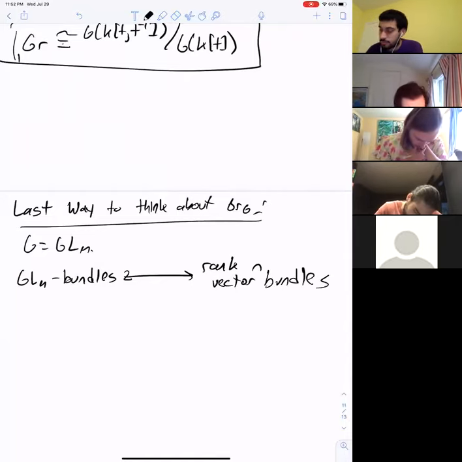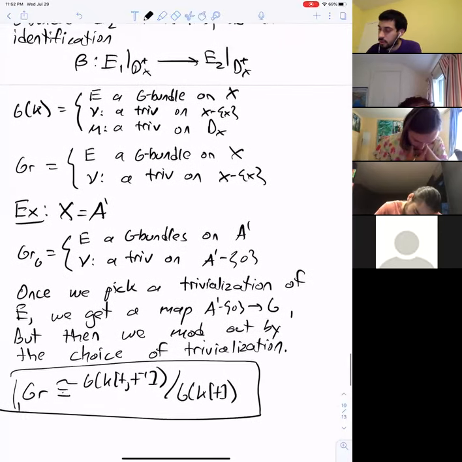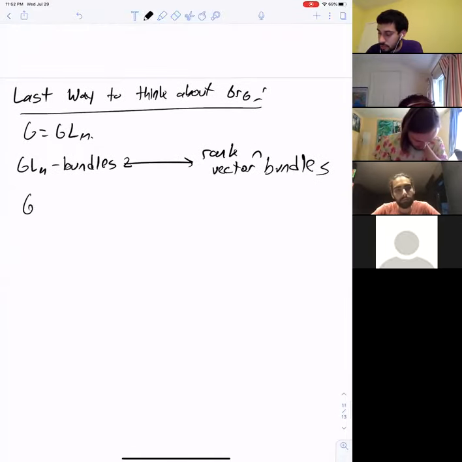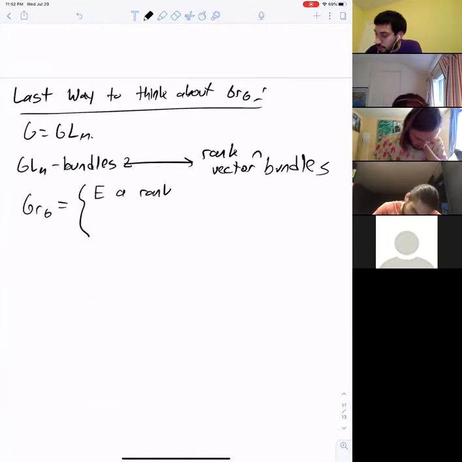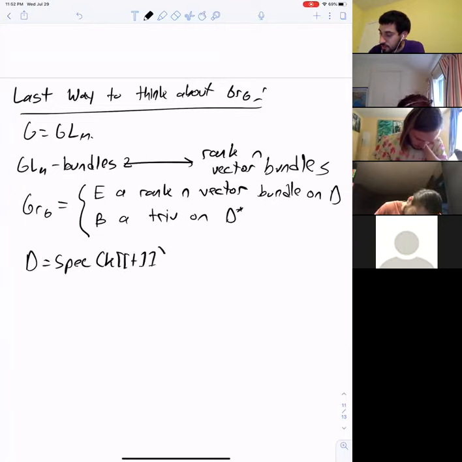So the way that we're thinking about the affine Grassmannian over here can actually be rewritten in this case, for G equals GLN, as pairs (E, beta), where E is a rank N vector bundle on D, and beta is a trivialization on D star. But D, let's recall, is just Spec of K formal power series. So what is a rank N vector bundle?